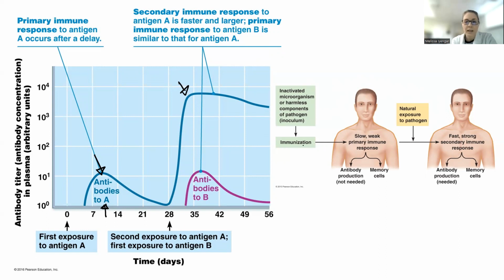That is what immunizations or vaccinations do. They use your primary immune response, but because you're not given the full virus, you don't have to worry about an extreme exposure, whereas the secondary response will happen immediately. So hopefully that helps you guys.